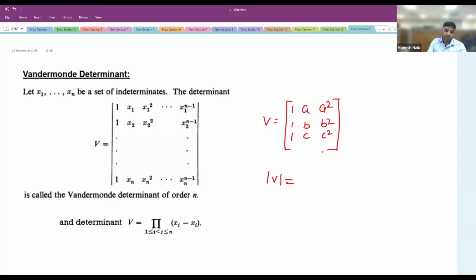It will be simply, by using this definition that we have here, we can accordingly get the value of this determinant.